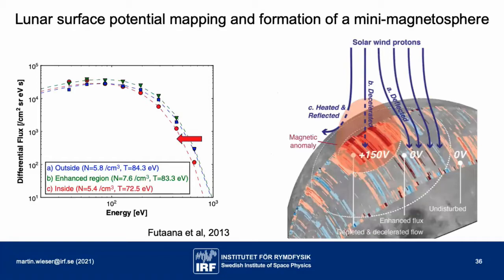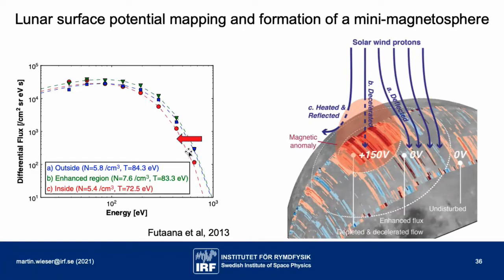If you look a bit more at energy spectra observed when passing over such a shielded region, then it's notable that the energy spectrum gets softer when directly above a magnetic anomaly, as shown on this plot here on the left.